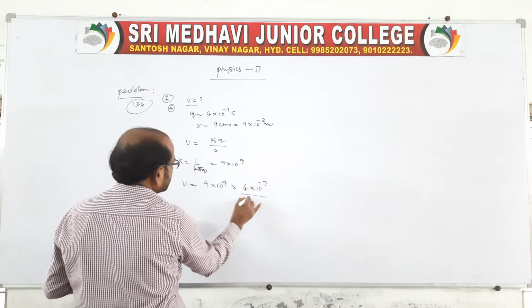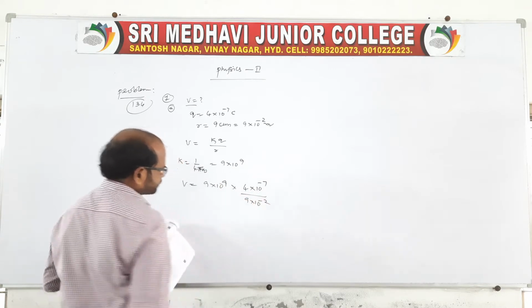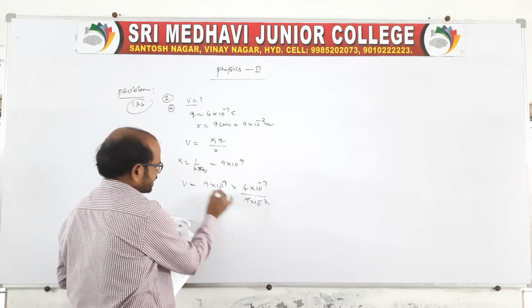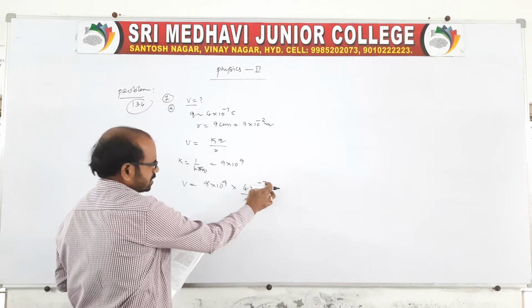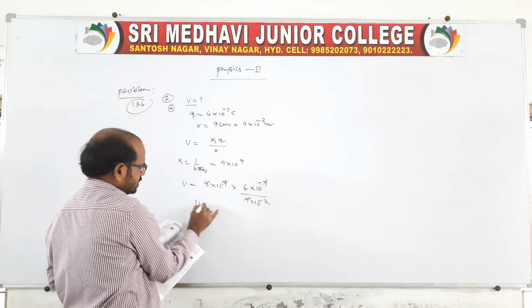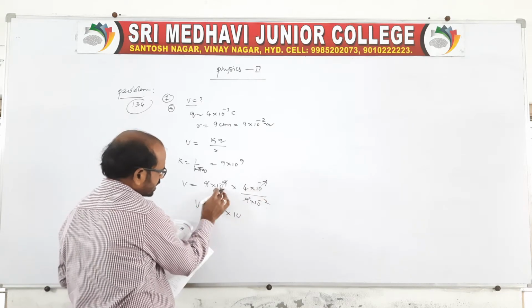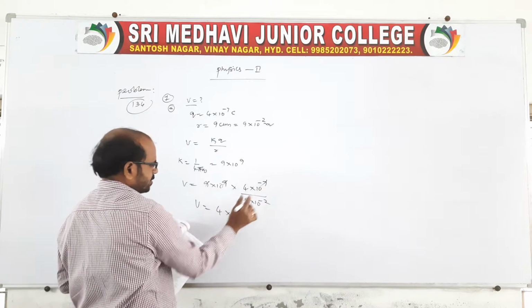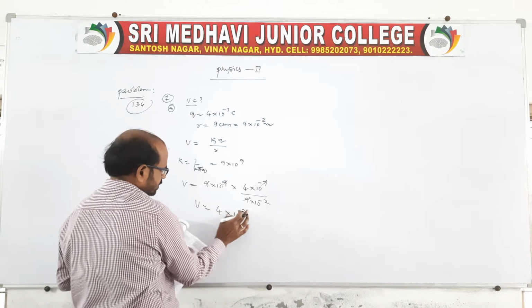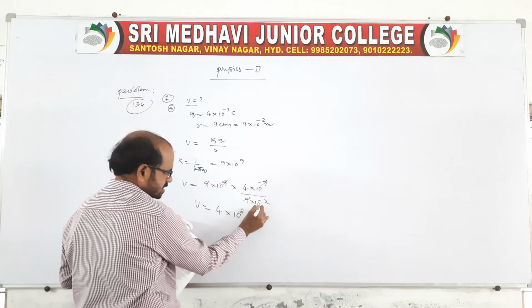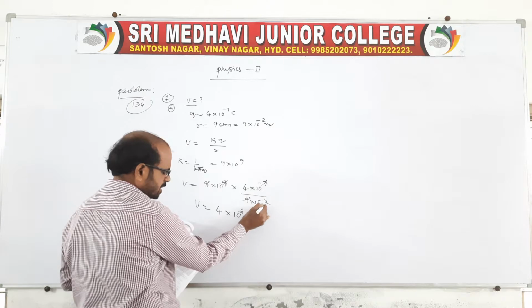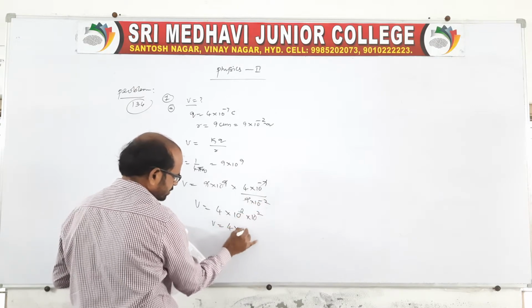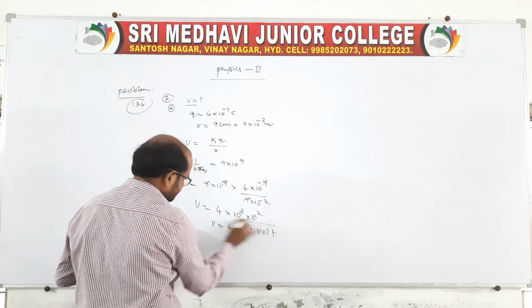The denominator also has minus 2, so V is equal to 4 into 10 power 4 volt.